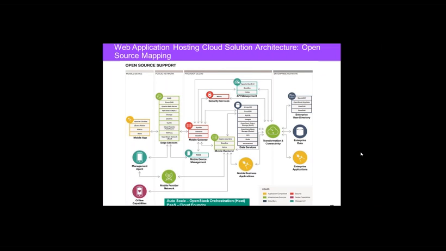So all these are taking care of the data services as far as the NoSQL and the object and block storage databases are concerned. On the top, we talk about API management.